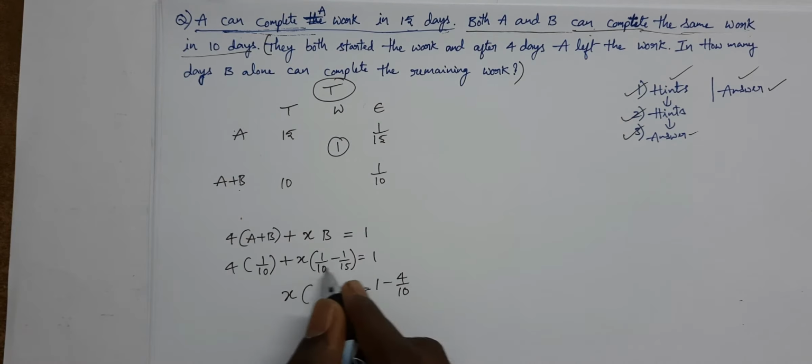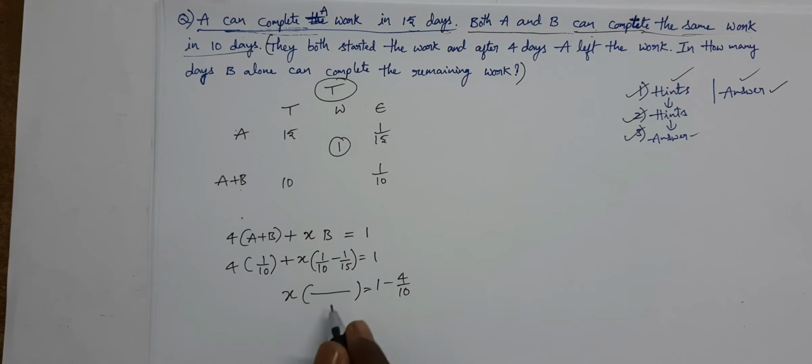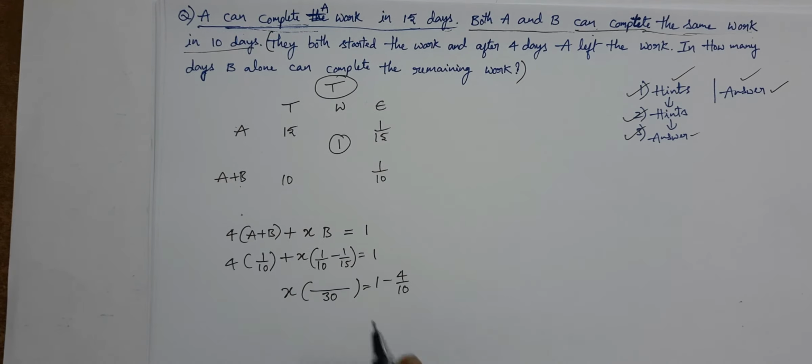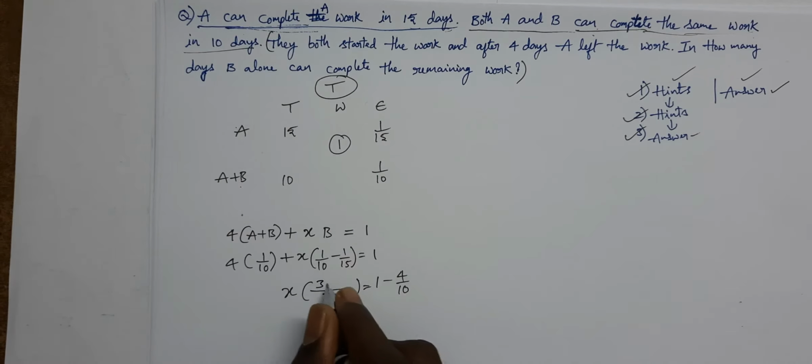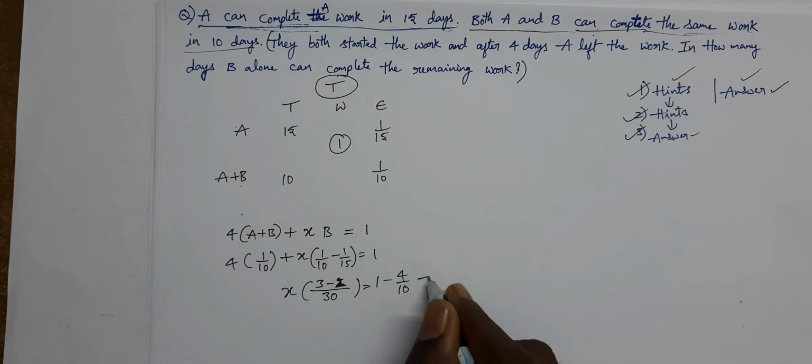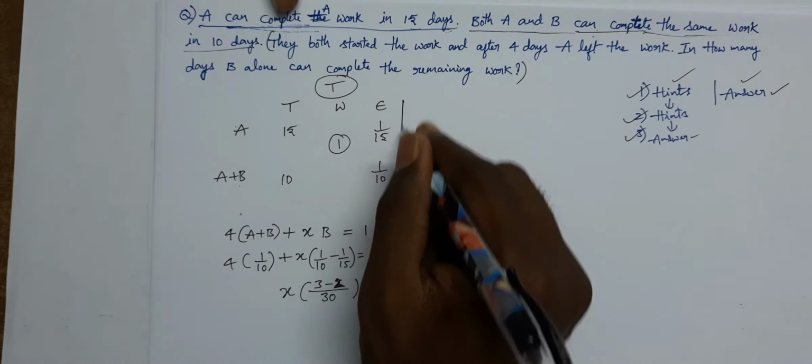The LCM of 10 and 15 is 30. Again I am mentioning that you don't need to take the LCM only, you can take any number which is divisible by both 10 and 15. 10 threes, 15 twos. Here I am solving it.